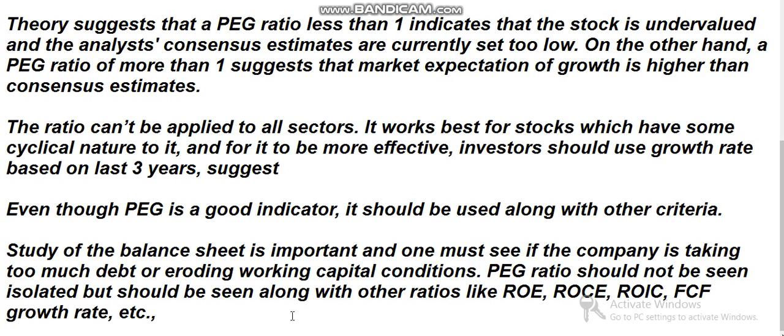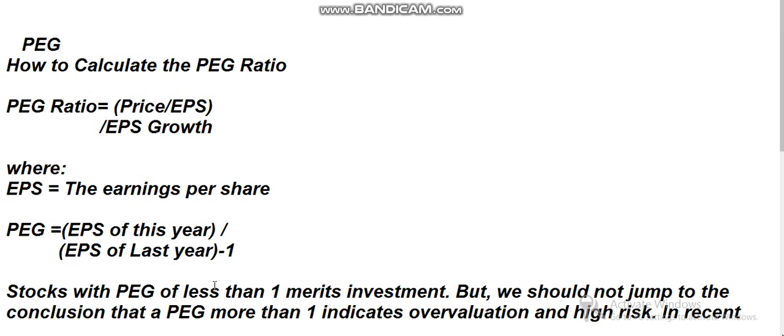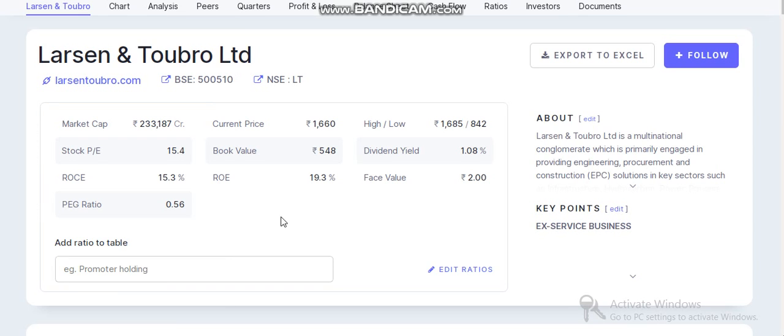PEG is a good indicator, but not 100%. It is one of the fundamental indicators that help us understand whether we can invest or not, but with that alone we cannot conclude. We can take other ratios also, and then conclude.